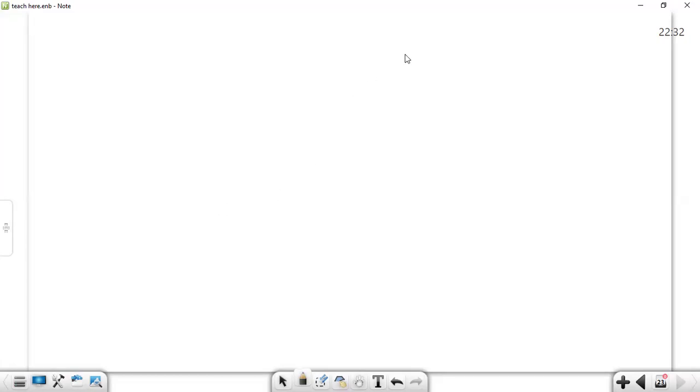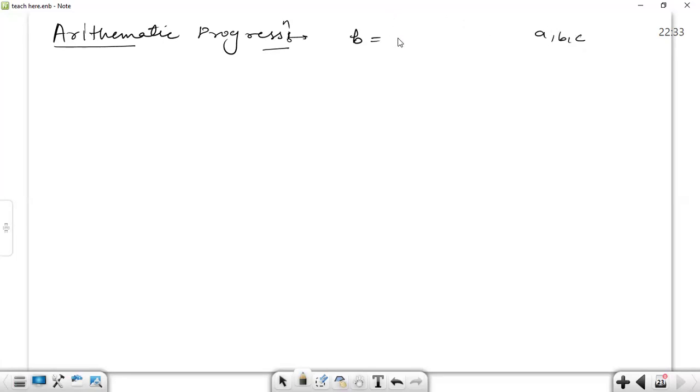Okay, so what we were studying was arithmetic progression. The unique feature was the common difference. And the property said that if A, B, C are in AP, the middle term is the arithmetic mean.